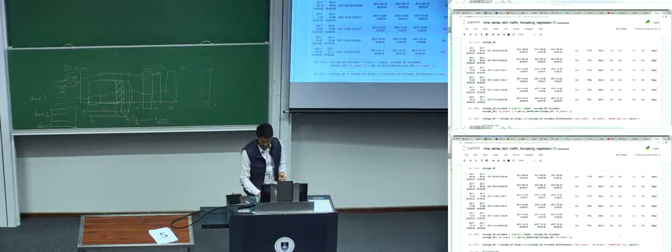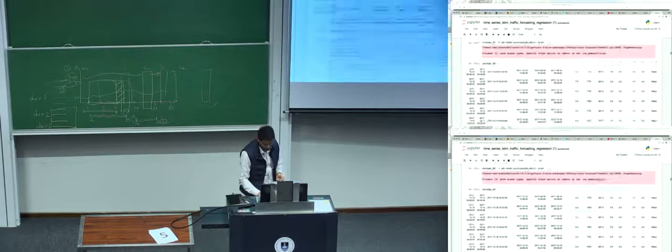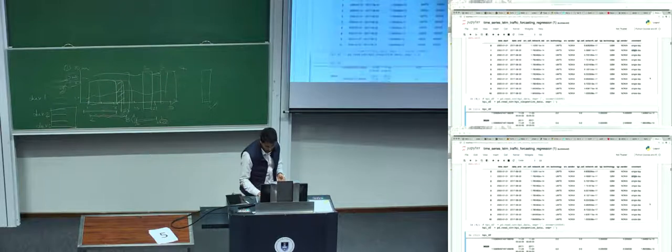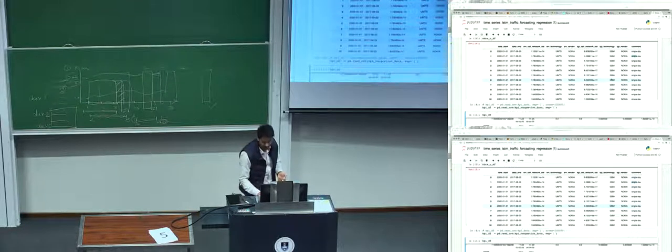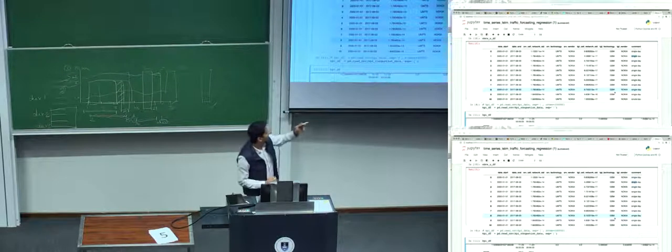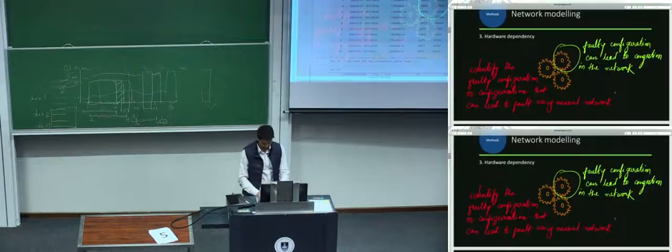So this is the dependency data set. And this is the internal configuration data set, like which brand or company it is, because for each company there will be different configurations.